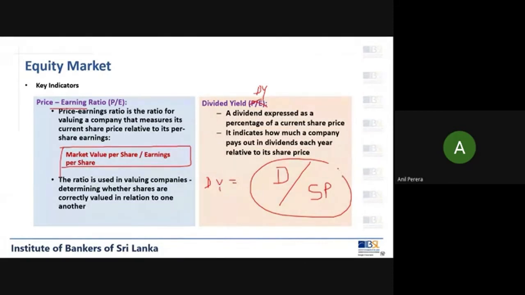That will show how much dividend is paid by this company, because some investors invest expecting a cash flow. Some investors invest having a long-term view, which means they don't need regular cash flows. They need growth of the share, which means the price is increasing.